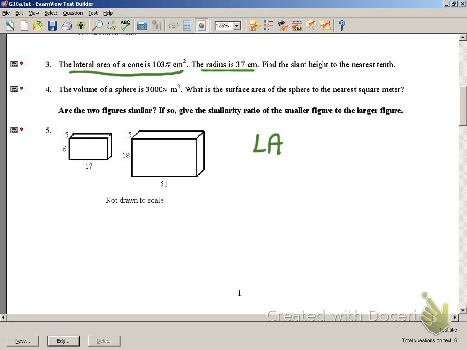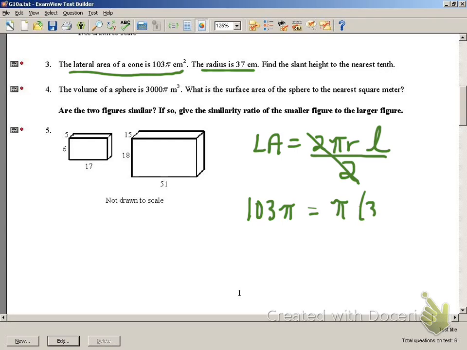Lateral area for a cone, we have to take the distance around the base, which is circumference, so that's 2 pi r, multiply it times the slant height, but since it is a cone, we would have to divide by 2, so those essentially will cancel. So lateral area is 103 pi equals pi r l. R is 37, and we're looking for l.